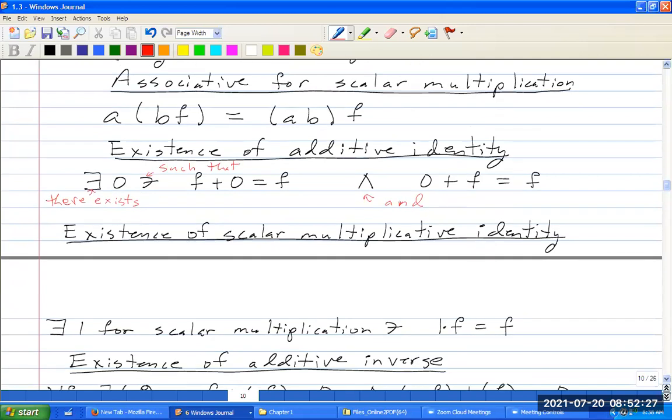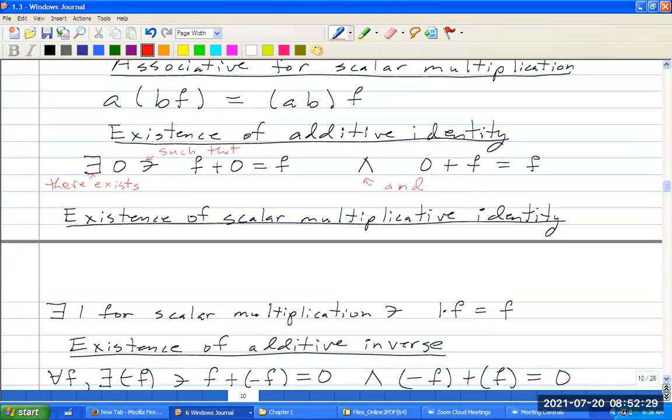The associative property for scalar multiplication. Let a and b be scalars, numbers. Let f be a function. Then a times, in parentheses, bf is equal to, in parentheses, a times b, in parentheses, times f.